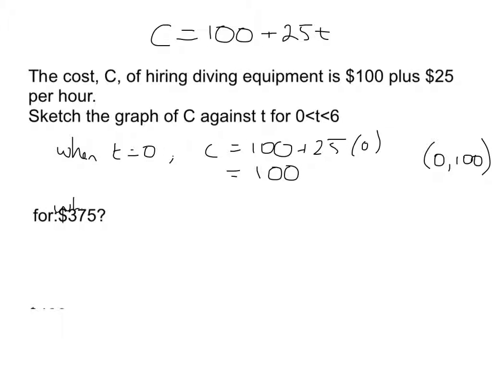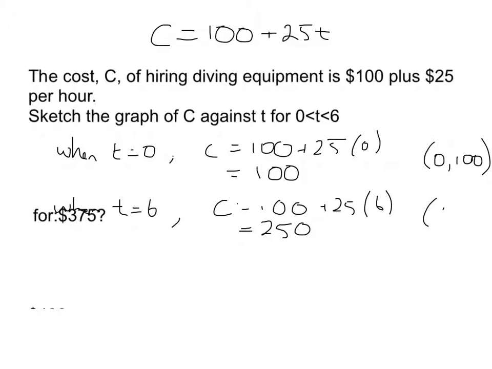When T is equal to 6, C will be equal to 100 plus 25 times by 6, which will be equal to 250. So that gives us our end coordinates of 6 and 250.